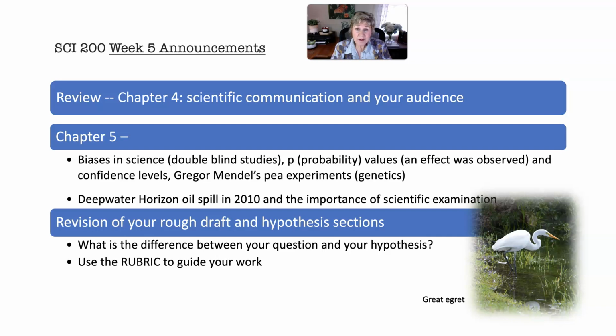But there are all kinds of other biases too, where you set up an experiment and you only use a limited number of subjects, or your subject pool, your patient pool is very small and it's very limited in age and race and gender, etc. And so you're going to get a biased result because of that.